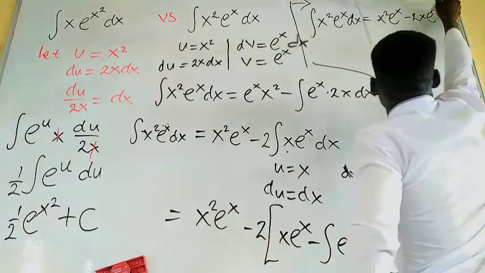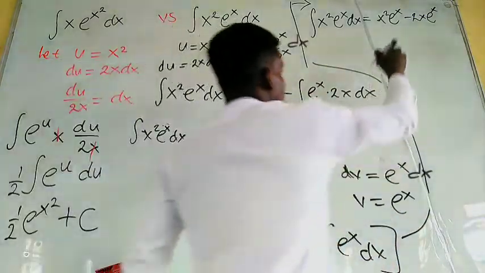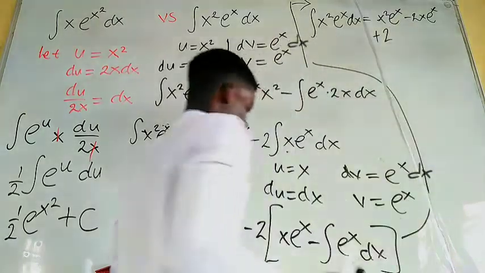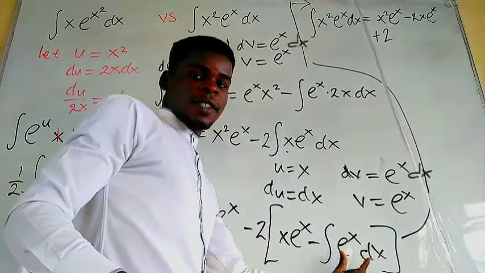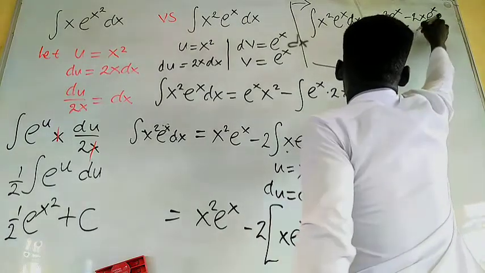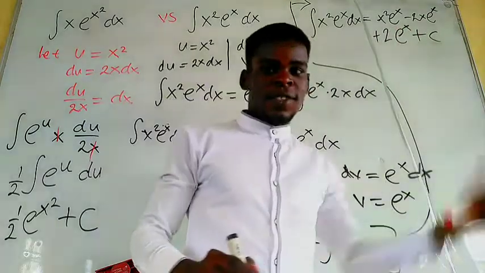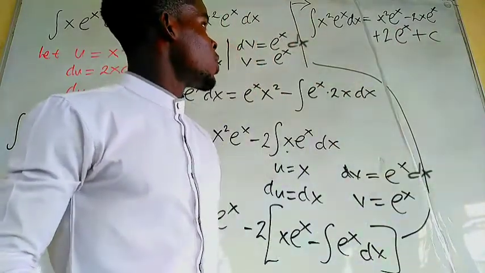Okay, again, this is minus 2 and this minus 2 is going to give us plus, so we just have plus 2 of the integral of e to the power of x, which is just e to the power of x. So we just rewrite that as e to the power of x, and since we are done, we just add a plus c. But that is just pretty much it.